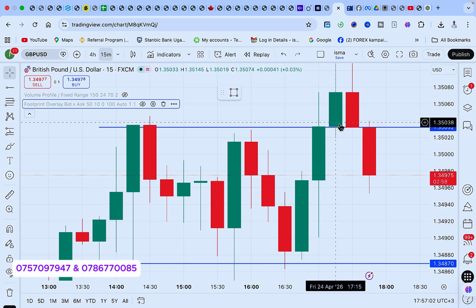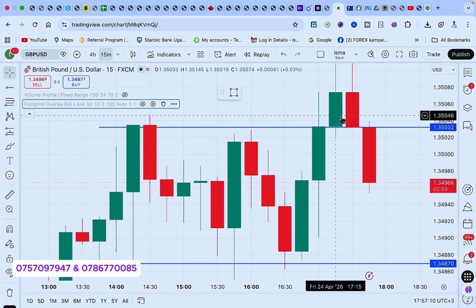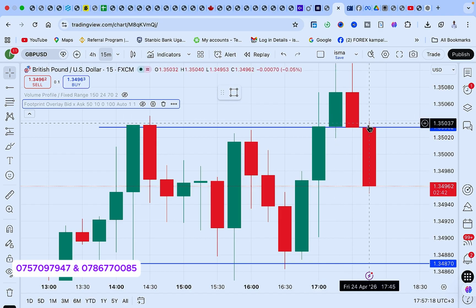Now, once such a thing happens, this means that, trust me, the buyers are being absorbed and therefore being liquidated. And therefore, it means that it's a point where we are now experiencing sales. So it means that the smart money is there. That is the first thing.